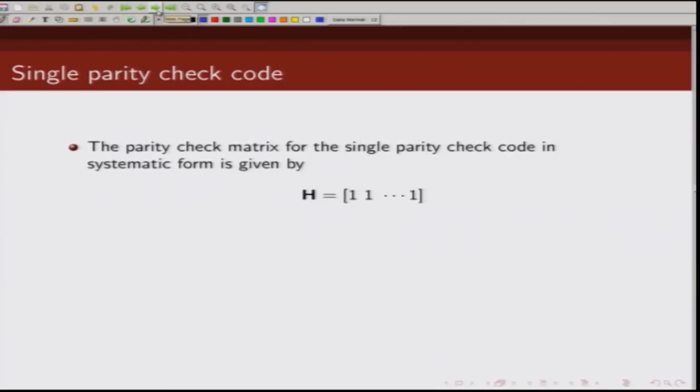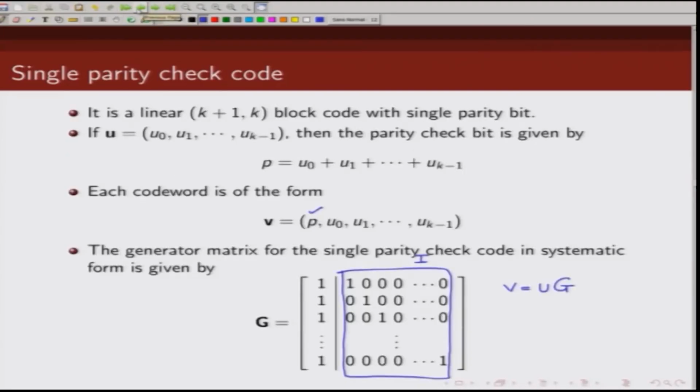Now, we can write down the parity check matrix for this also. As you can see, this generator matrix is in systematic form. So, what would be the corresponding? This is of the form P I. So, parity check matrix will be I P transpose, right.